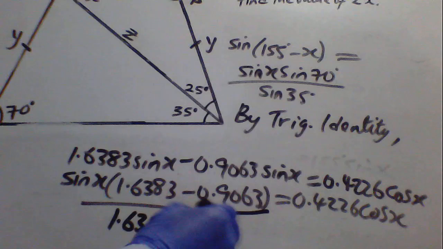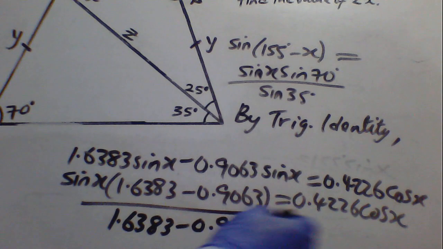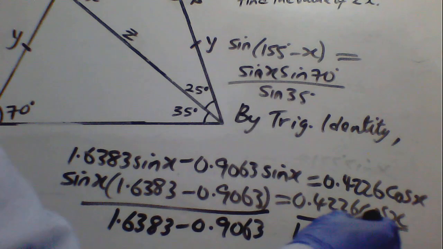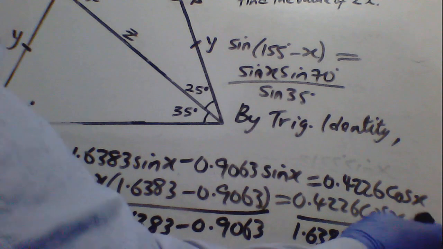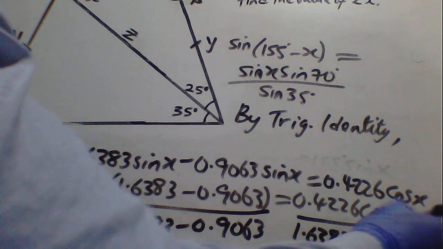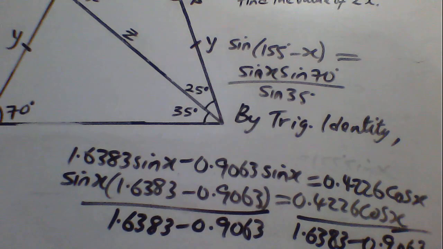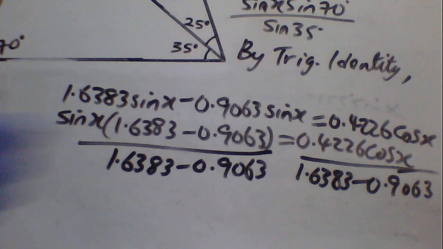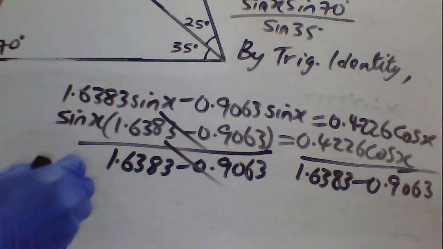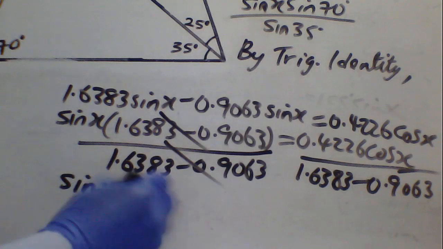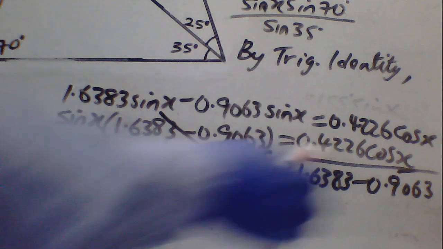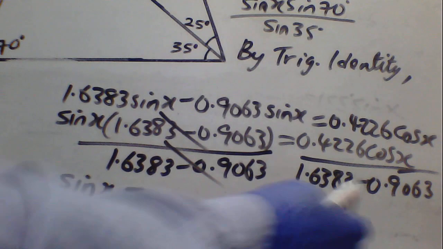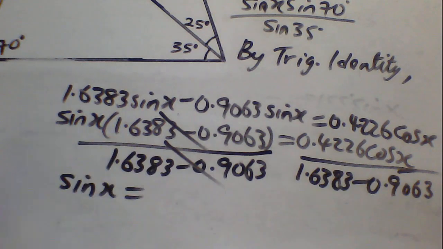1.6383 minus 0.9063. Divide this one. 1.6383 minus 0.9063. And once you do that, this will cancel out to give us sine x is equal to, find this value, 0.4226 divided by 1.6383 minus 0.9063.